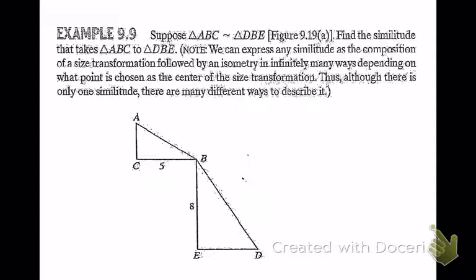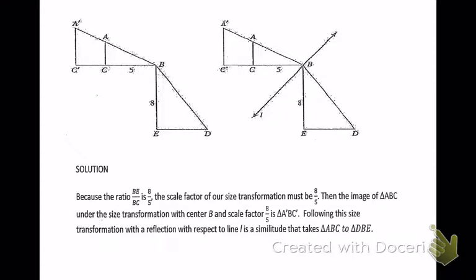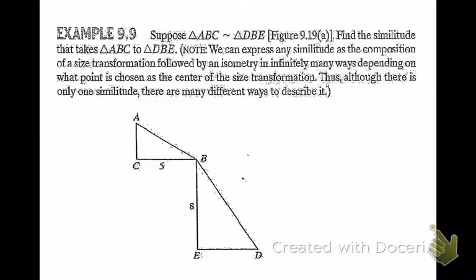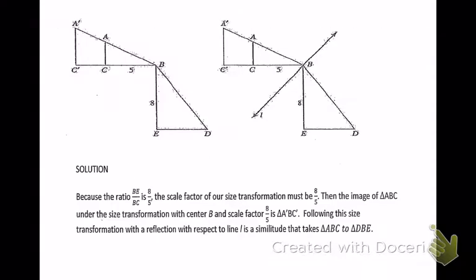So on this one, what we would do is, let's take a look. So we start with this original figure. We see the ratio of BE to BC is 8-to-5. Right?